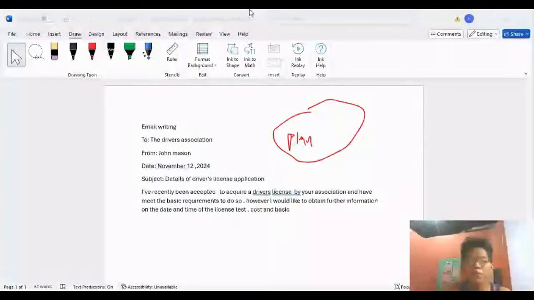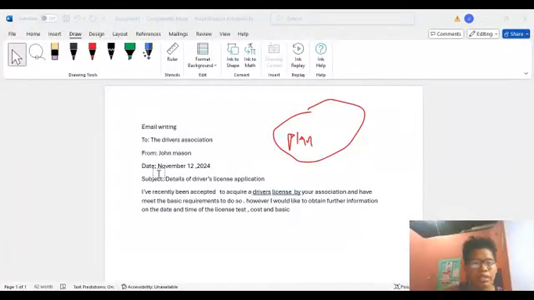Right there, it says you want to know the minimum age to acquire it, the practical which must be taken, the length of time it takes to get a license after passing the test. He basically wants to figure out what he needs to do.